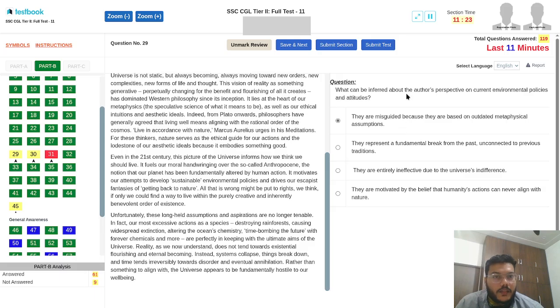ठीक है. If part of the author's perspective on current environmental policies, they represent a fundamental break from the past and connected to previous traditions. गलत. They are entirely ineffective due to universe indifference. They are motivated by the belief that humanity's action can never align with it. Galat. They are misguided because they are based on outdated metaphysical assumptions.